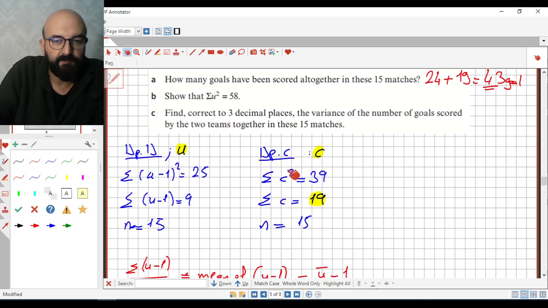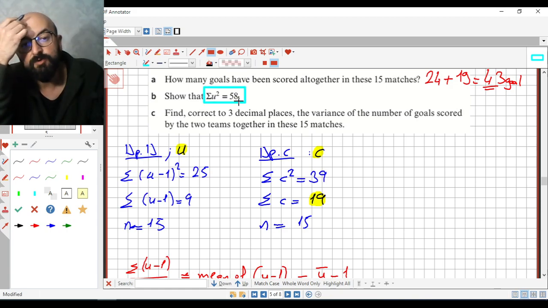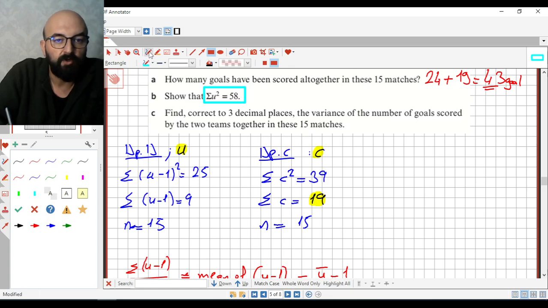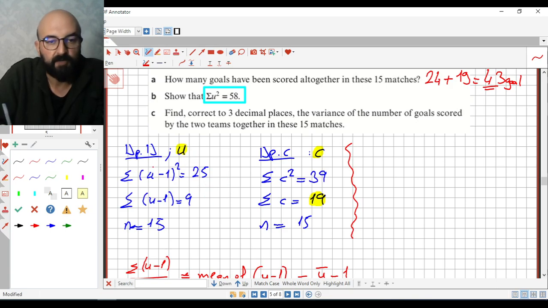Okay, and show that the sum of U squared is 58. The sum of U squared relates to standard deviation or variance. So I want to write the variance about Upchester United.